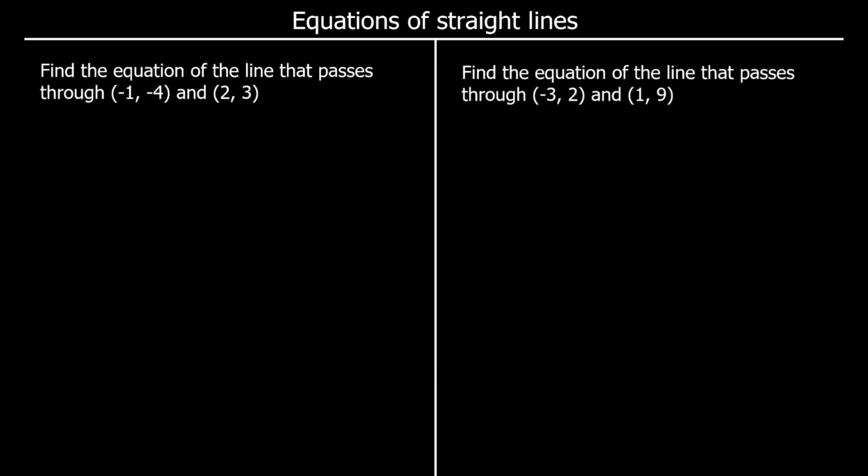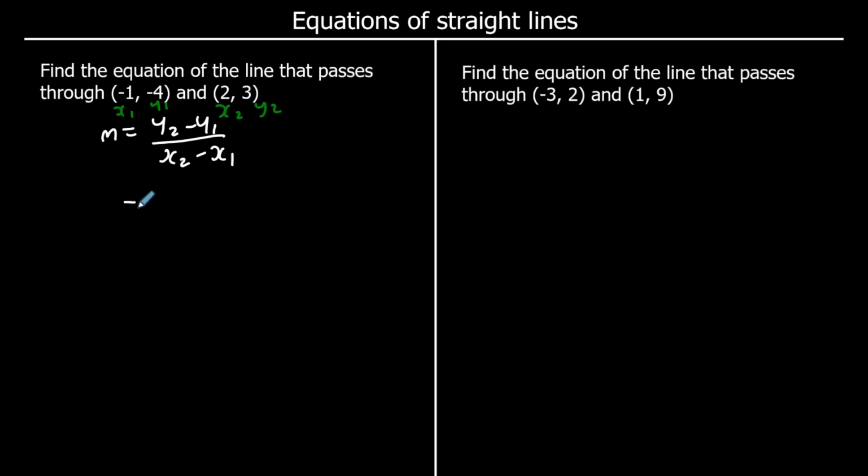This time we've been given 2 sets of coordinates, and we need to find the equation of the line. So we can find the gradient first, and to do that we use a change in y over the change in x. So y2 minus y1 over x2 minus x1. And let's have x1 y1, x2 y2, and just substitute them in.